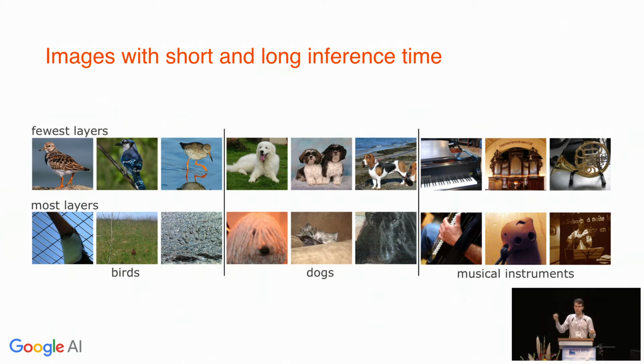We have an iconic bird or dogs here. And on the lower row are those that need the most computation. So that's where the model has a lot of uncertainty. Those are occluded objects, very small objects, or just unusually looking objects. So maybe one theory could be that images of birds are more iconic in general over ImageNet, which is why they need less computation over our validation set.